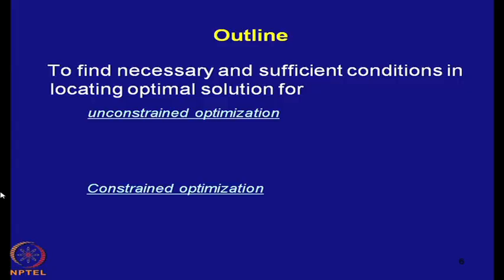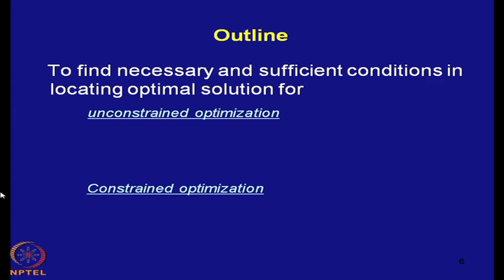for the nonlinear programming problem. Now, these are the necessary and sufficient conditions. Again we will look at two kinds of mathematical programming problem: the unconstrained optimization problem and the constrained optimization problem.